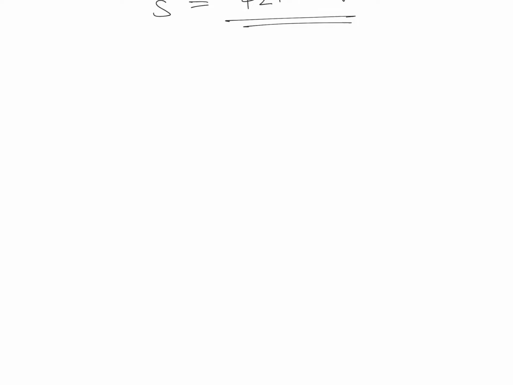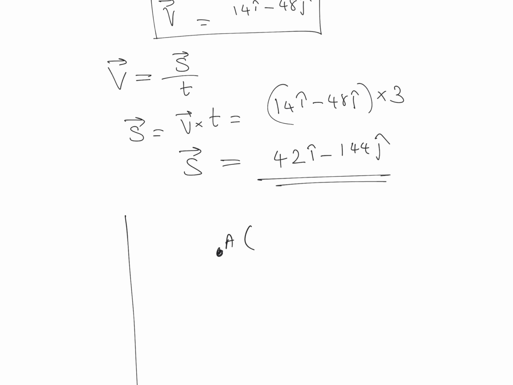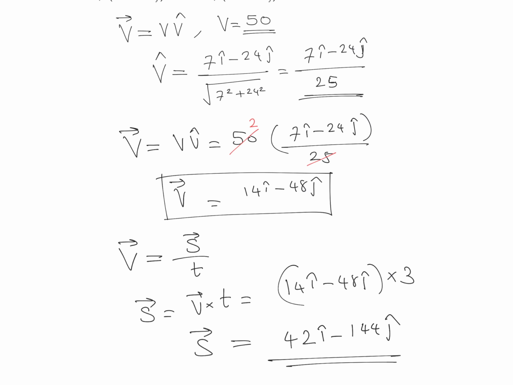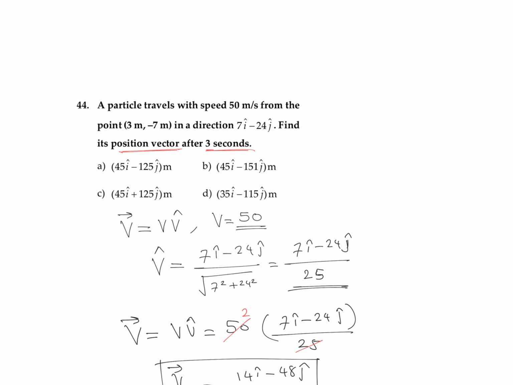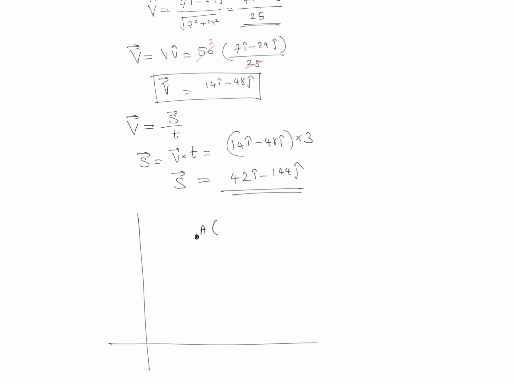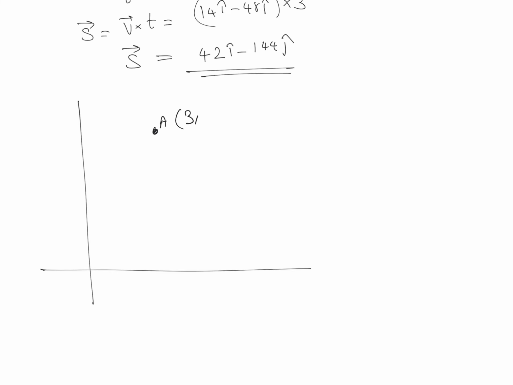Consider that a particle was initially at a point somewhere over here, initially at point A. The initial position coordinate is given in the question. Let's see what is given: the initial position is given as 3 and minus 7. So let's say the coordinates of the initial point are 3 and minus 7.